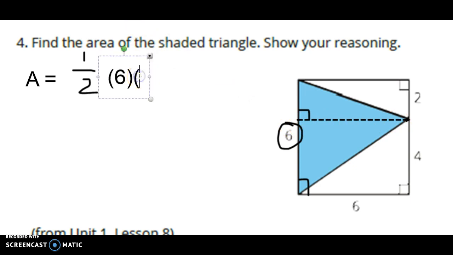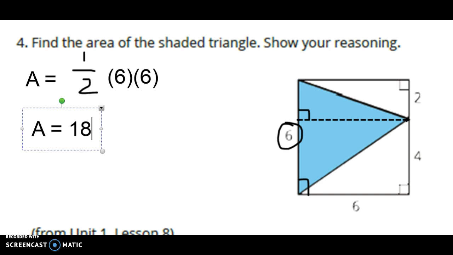So I know that I can plug that in here. So I'm left with area equals 1/2 times 6 times 6. 6 times 6 is 36. Divided by 2, area is going to equal 18. 18 units squared.